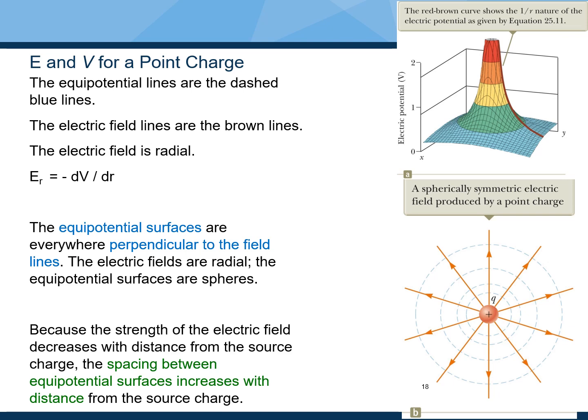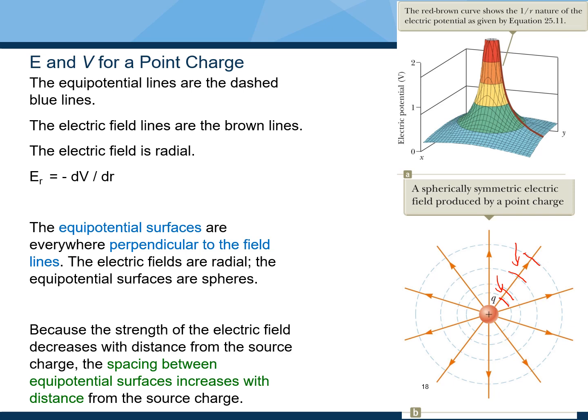And we also understand another important insight, that notice that the equipotential surfaces closer into the charge are closer spaced. The equipotential surfaces farther out are farther apart, which basically tells you that the electric field closer to the charge is stronger. The electric field farther from this point charge is weaker.